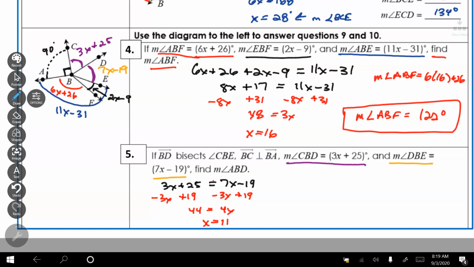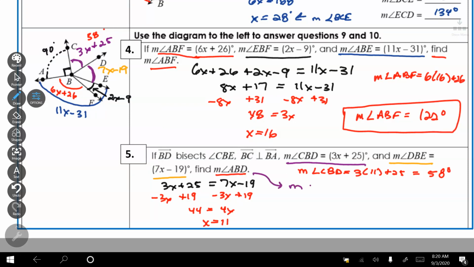So now I have to solve for angle ABD. Maybe I should figure out what this angle here is first. The measure of angle CBD is 3 times 11 plus 25, which is 33 plus 25, or 58 degrees. Now I'm trying to figure out this angle.